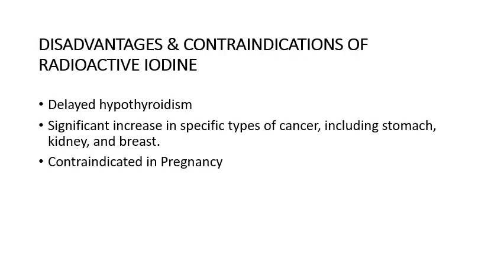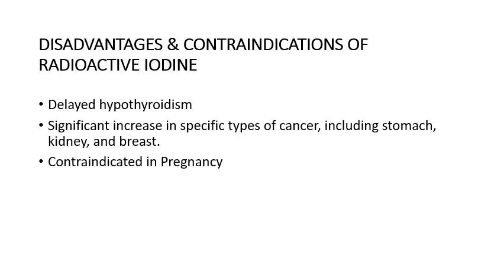There are certain disadvantages and contraindications with the use of radioactive iodine. It causes delayed hypothyroidism. After the patient is treated with radioactive iodine, they may have a lifelong permanent delayed hypothyroidism, for which you have to supplement with thyroxine.